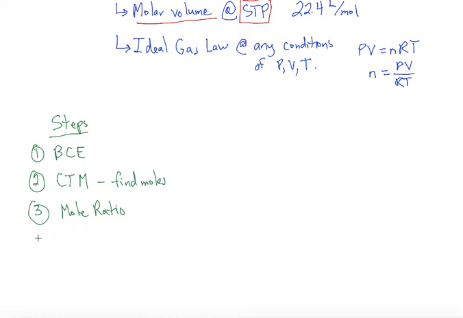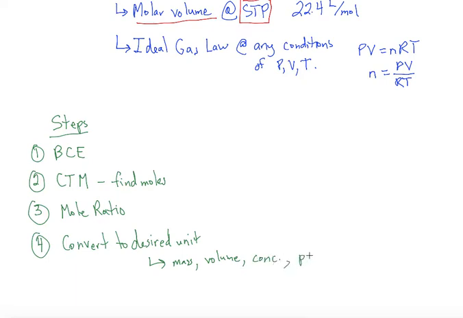The fourth step was to convert to the desired unit. That could be a mass unit, a volume of a gas, a volume of a solution, concentration, or number of particles. There are lots of options, so the last step is to convert to whatever particular piece you need.